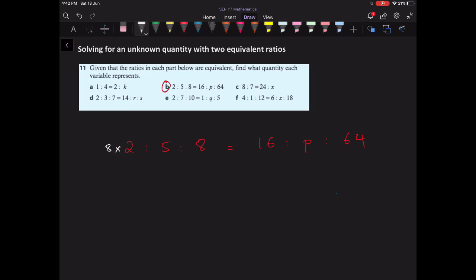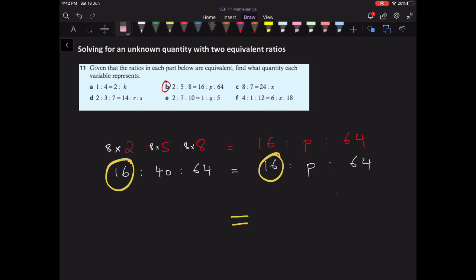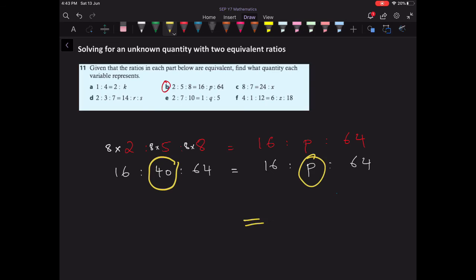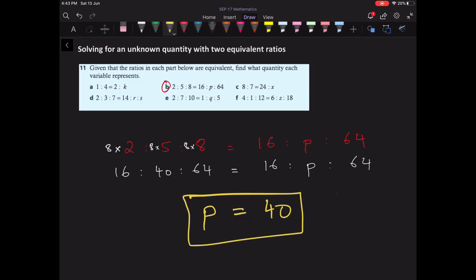In this case, that number is 8. Multiplying all the terms on the left-hand side with 8 gives us 16:40:64. We can see that the first and last terms of both the ratios are equal. So are the last 2 terms. That means that the middle terms must also be equal. In this way, we get the value of p, which is 40.